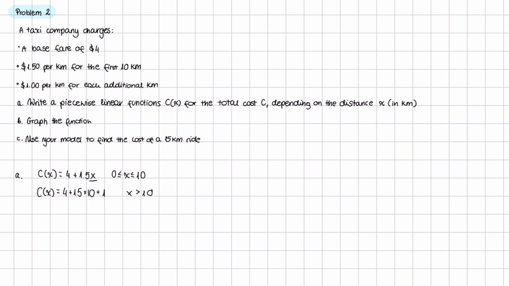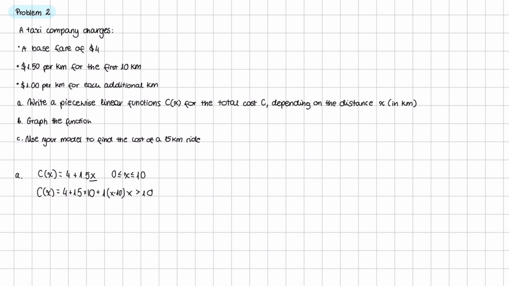1, and we cannot forget that we have to write, in brackets, x minus 10, because we cannot simply put here x, because our x is distance in kilometers. So if we put 1 kilometer, it's not for the second function, because our second function is over 10 kilometers.